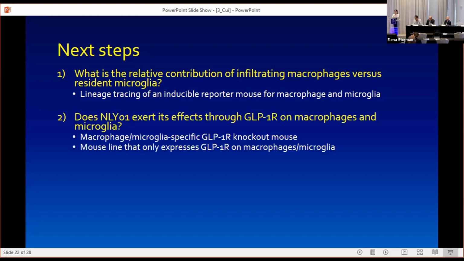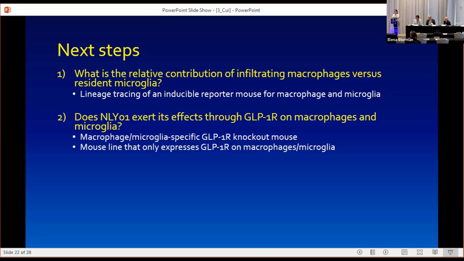Secondly, so far I've just focused on the effect of GLP-1 receptor agonists on neuroinflammation. Well, how much does NLY-01 and other GLP-1 receptor agonists exert its protective effects through the receptor on macrophages and microglia versus some other effects, such as the incretin effect that we know it exerts because it's used to treat type 2 diabetes?